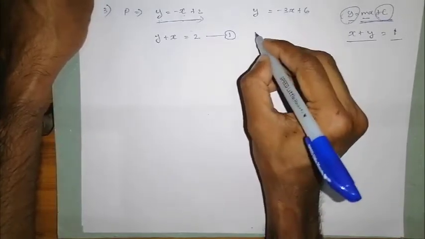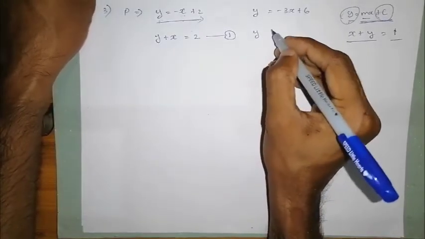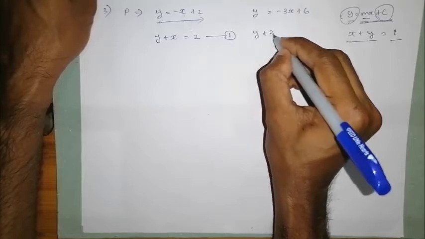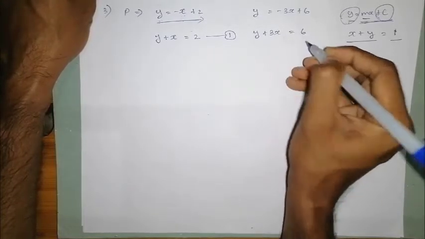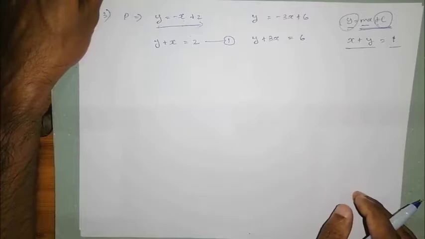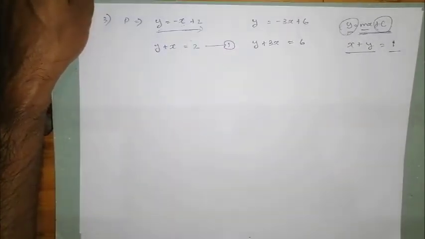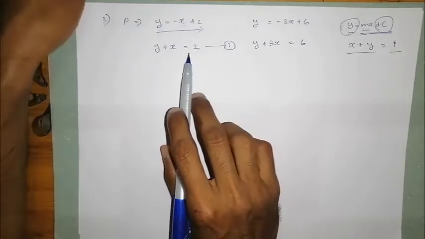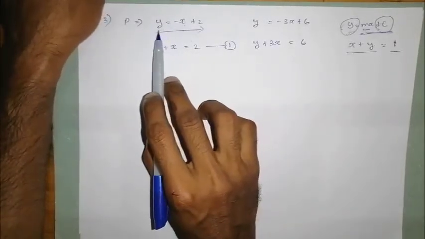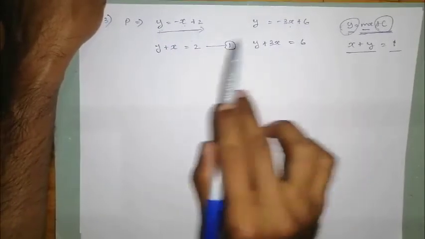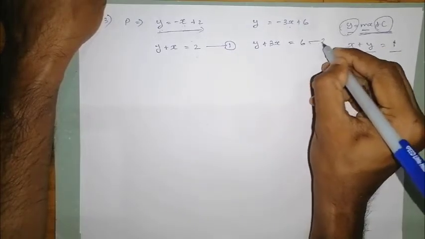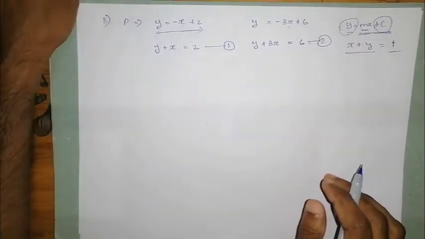What about the next one? Send the 3x over: y plus 3x is equal to 6. So we have two simultaneous equations. Now we have converted the given linear graph equations into simultaneous equations.